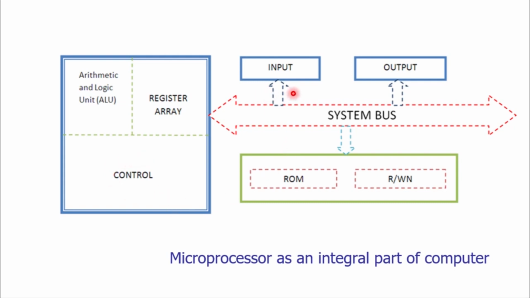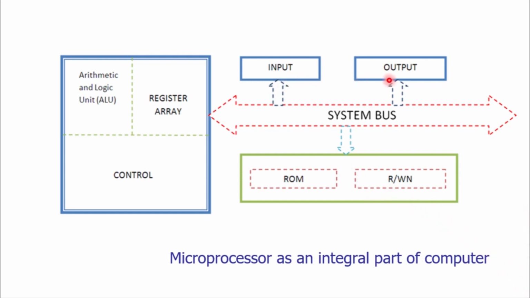The second set of elements is the input-output devices through which the microprocessors communicate with the outside world. And the third element is the memory. Either we can have the read-only memory, the permanent memory, or we can have the random access memory where we can read or write, and erasing operations are possible.